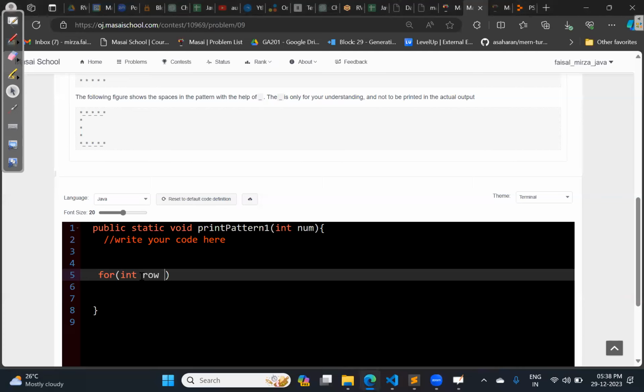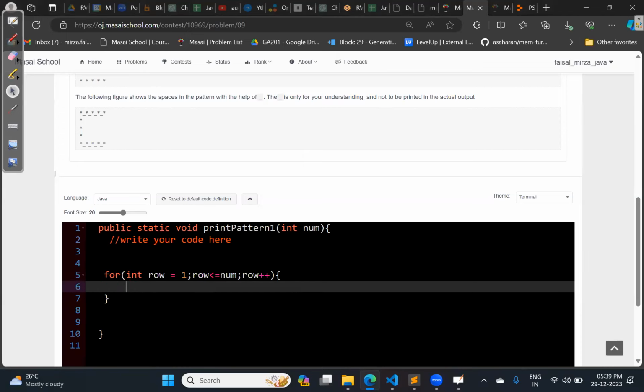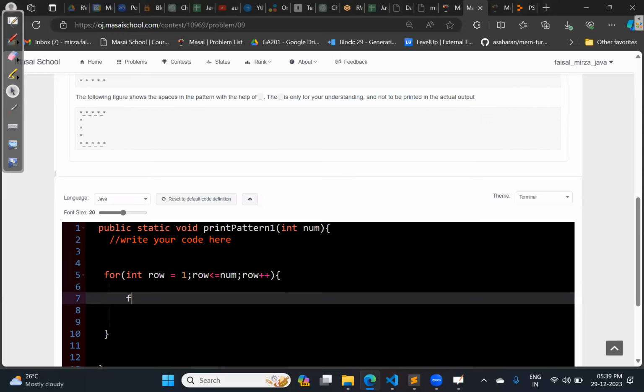Let's try the first loop, then row starting from 1, guide me with the code. Then row is less than equals to num, then row plus plus. This is the outer loop. Then in the inner loop, we'll run from where to where?